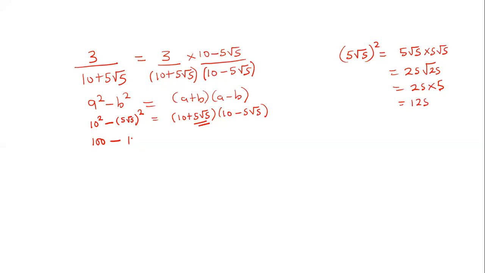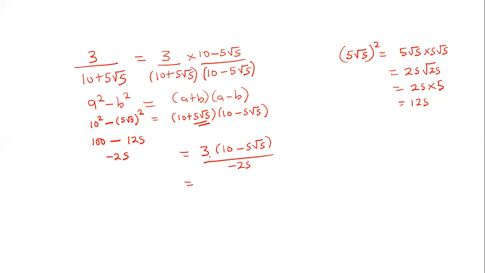So 100 minus 125 gives negative 25. I will come back here, and down I'll have negative 25. So I will say 3 into 10 minus 5 root of 5 out of negative 25.